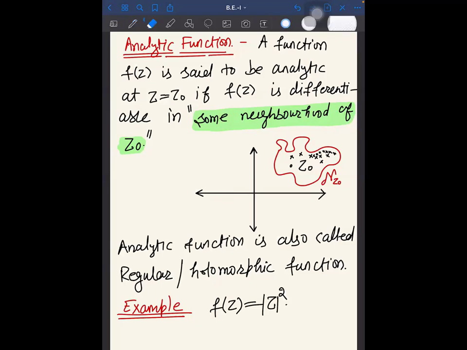Yes, sir. याद है? Yes, sir. So this function f(z) is differentiable only at z equal to 0, 0.